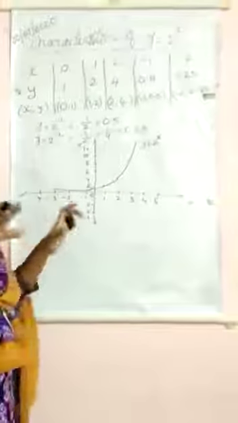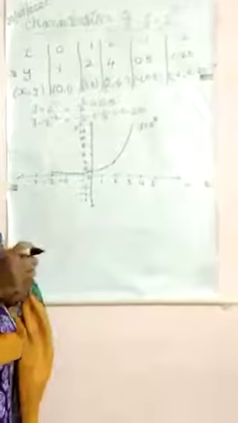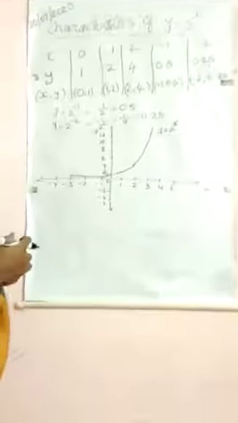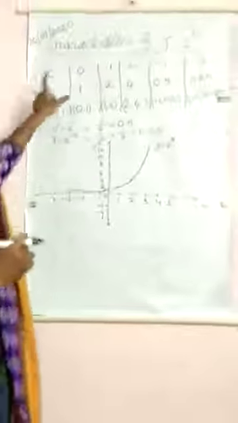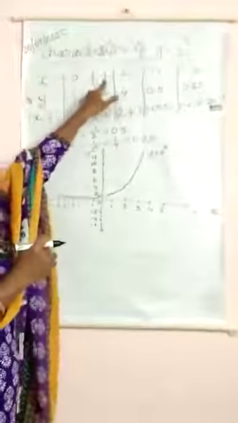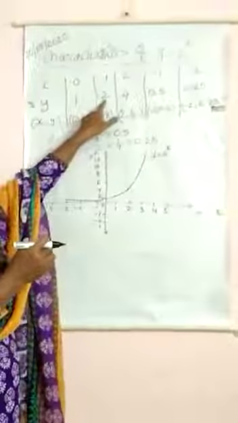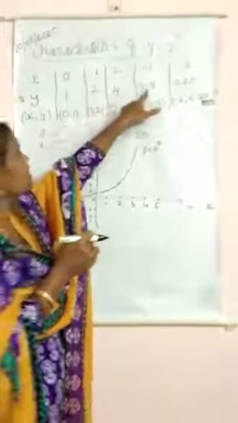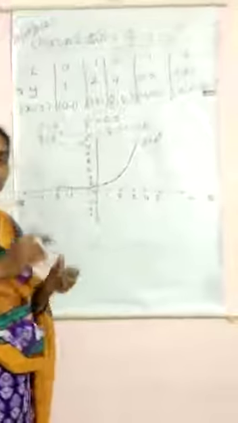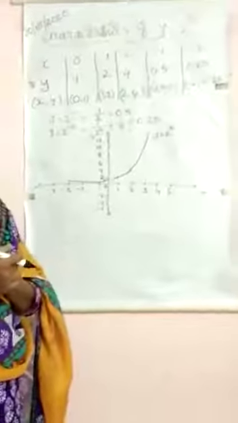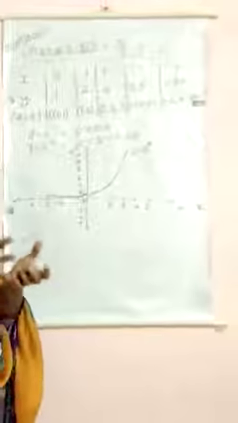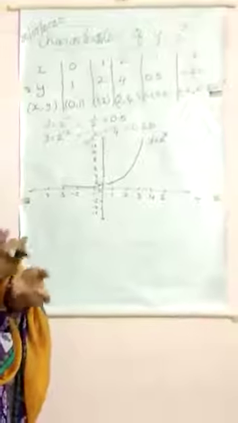It doesn't cut the x-axis at any point. Next, look at the change in x: here 1, 1, 1. But the change in y is here 1, here 2, and here 3.5. So there is no constant change between x and y. That is the first characteristic.